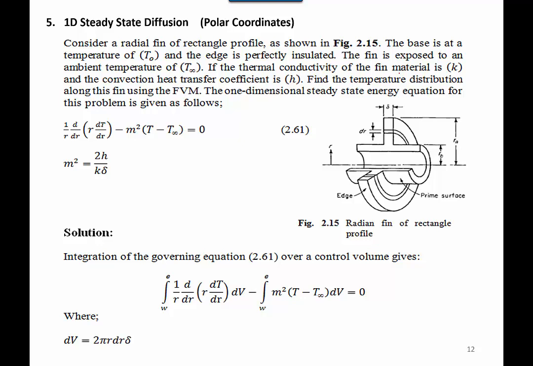Knowing that the one-dimensional steady-state energy equation of this problem is given in equation 2.61. As we see here, differential equation 2.61 has radial coordinates: 1 over r d by dr of r dT by dr, minus m squared (T minus T infinity).